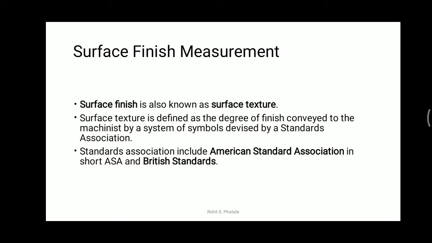All these parameters will affect the industrial requirements of the product. These requirements can be improved with the help of those factors: the material of the workpiece, type of machining process, vibrations, etc. We can improve the surface finish with the factors that I have mentioned earlier.